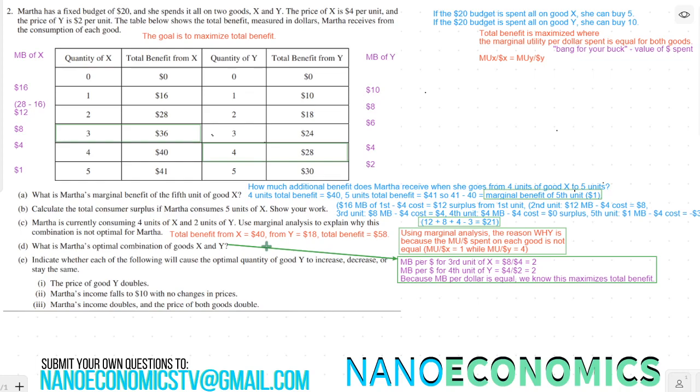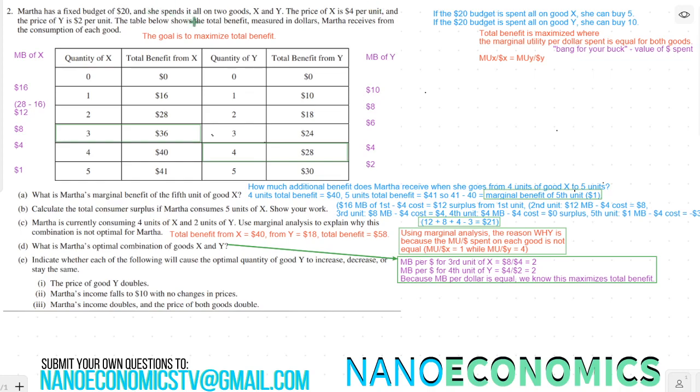If she receives $20 in benefits for $4 in spending, or in this case for going from 0 to 1 units, she gets $16 in total benefit, and she's buying 1 unit of good X, which is going to cost her only $4.